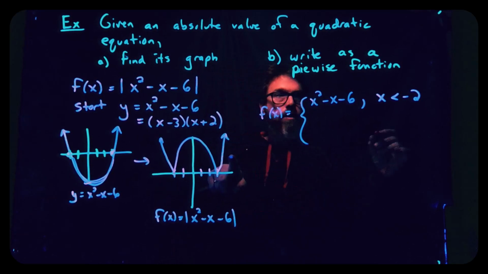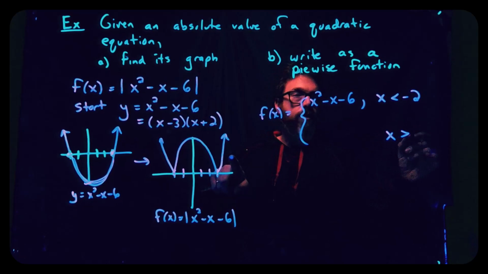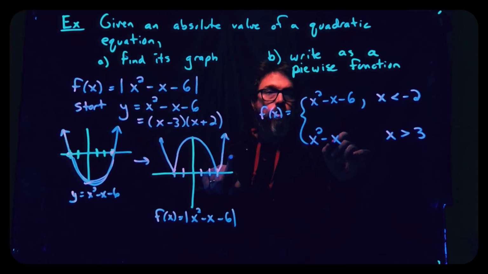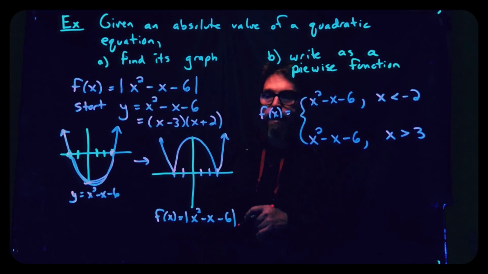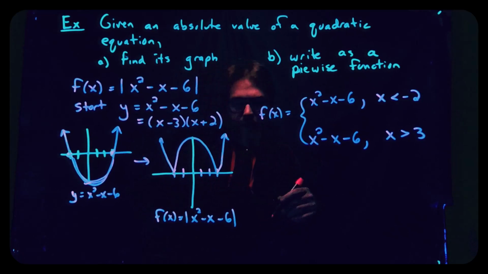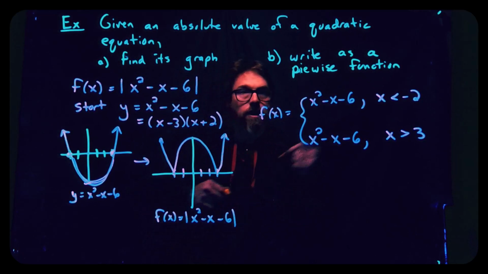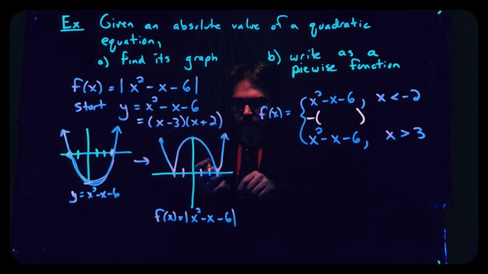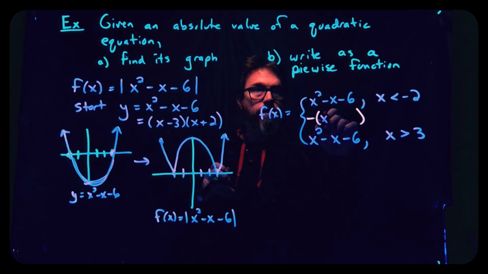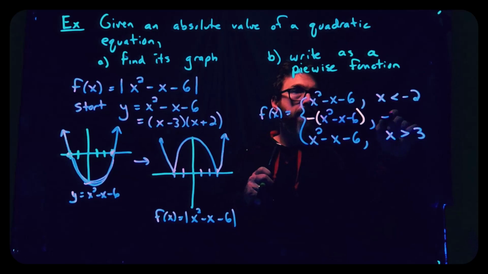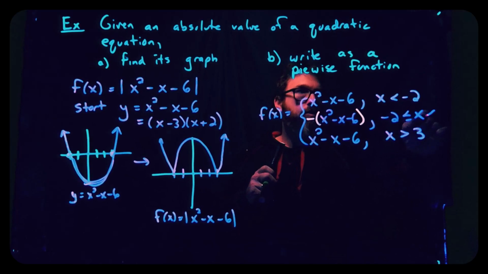Also up here, when x is greater than positive 3, it's still the same function, x squared minus x minus 6. Now, what happens to this middle part? The way we reflect a function about the x-axis is we multiply that function by negative 1. So this is now going to be equal to negative 1 times x squared minus x minus 6, and that happens when negative 2 is less than or equal to x, which is less than or equal to 3.